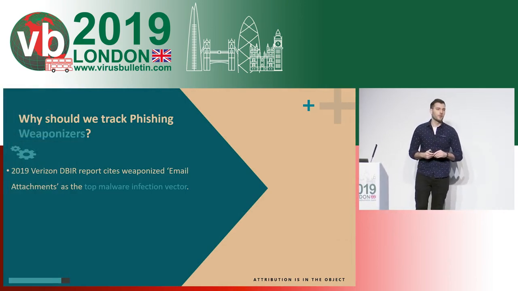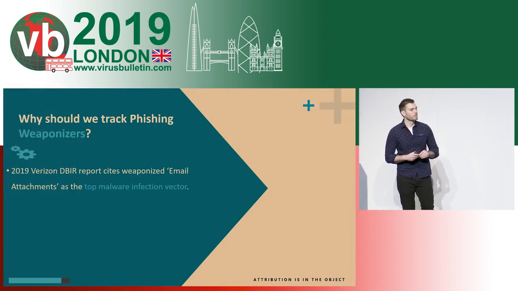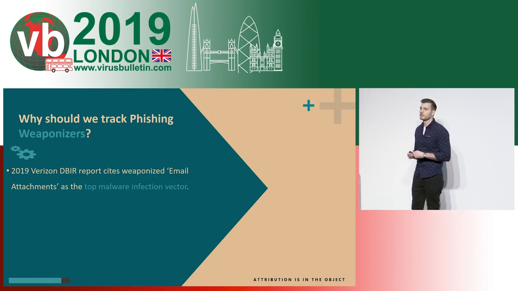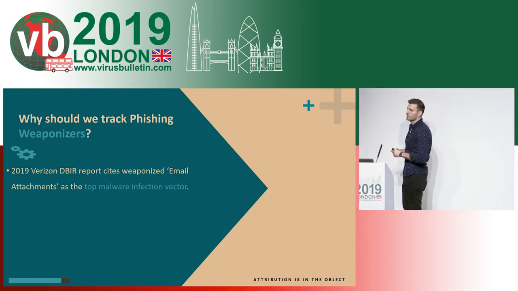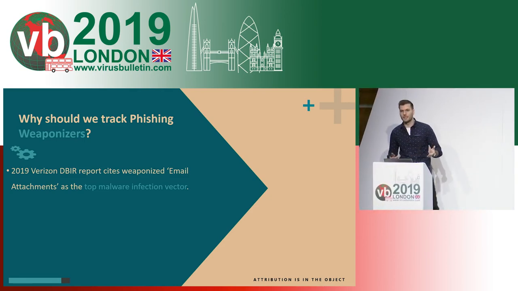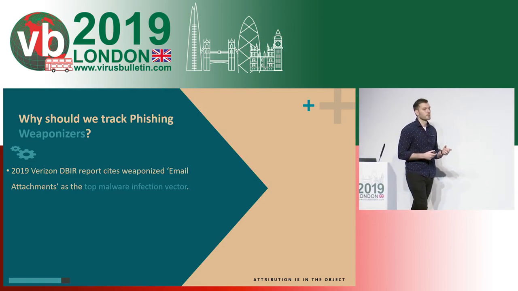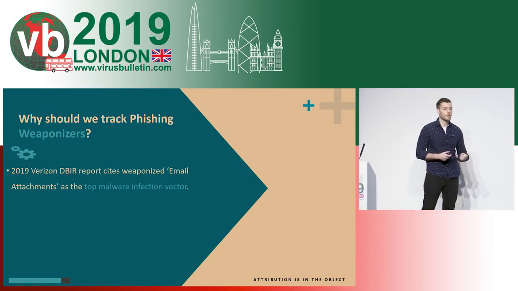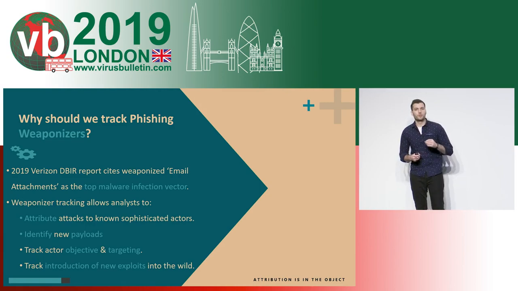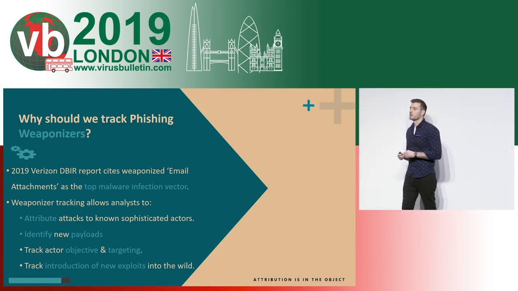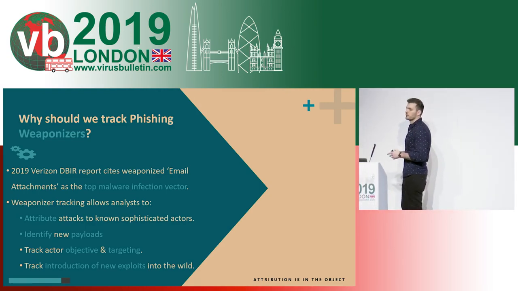Okay, so now that we know what they are, why should we track them? Year after year, reports come out that continue to cite phishing as a top malware infection vector, including attachments. That's not surprising. A lot of these attachments are built by phishing weaponizers. When you start tracking phishing weaponizers in your environment, you gain visibility that you didn't have previously.